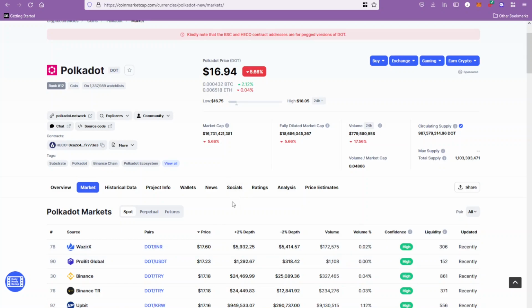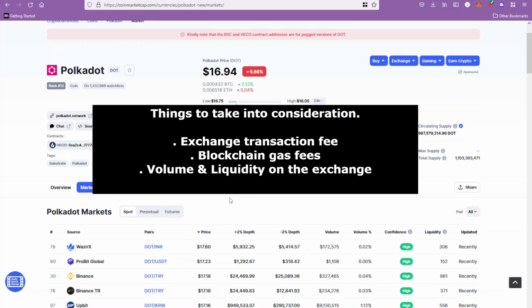It does get a little bit more complicated because you have to take into consideration certain things like transfer fees and gas and that kind of stuff. That all adds up.